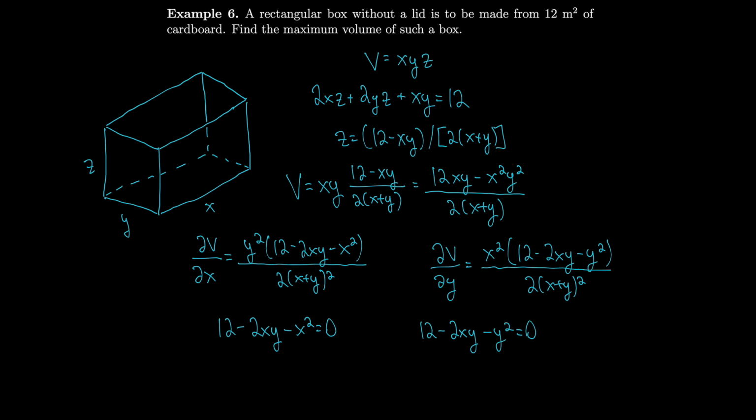So notice that we can set these guys equal to each other and cancel these out. So we get minus x squared equals minus y squared. In other words, x squared equals y squared. And that means that x equals y, because we're assuming that x and y are both positive, so that we don't have any negative or 0 dimensions here.